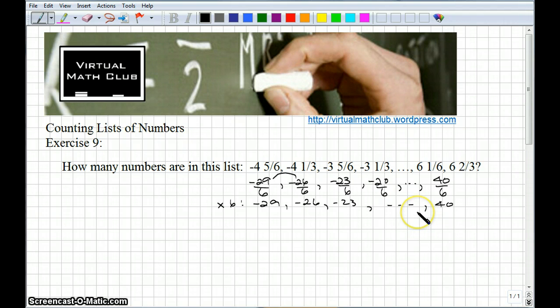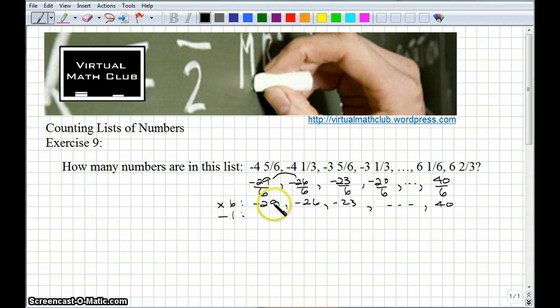Alright, so now the difference between numbers is 3, right? So we're adding 3 each time. So we want to get it into something that is divisible by 3. So I think what I'm going to do is just subtract 1. Now I'm subtracting 1 because this is negative, right?